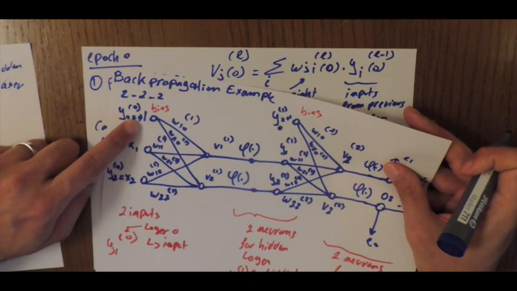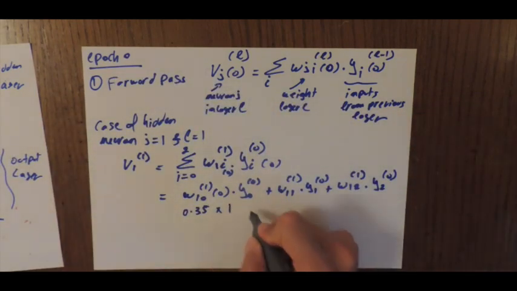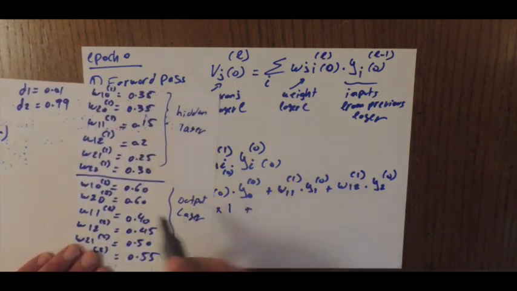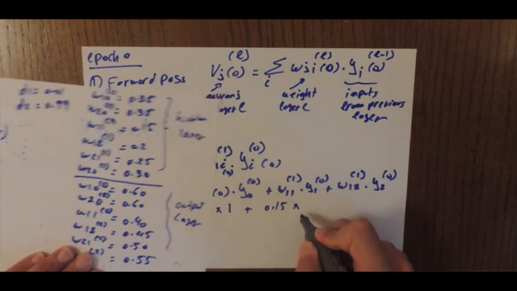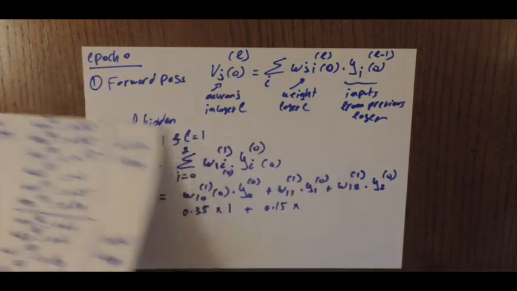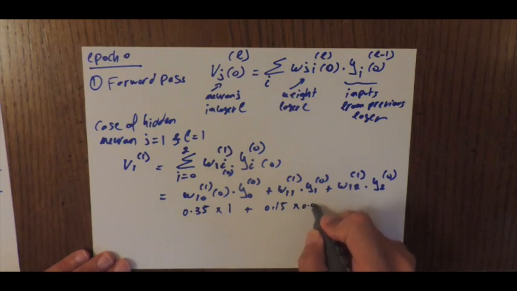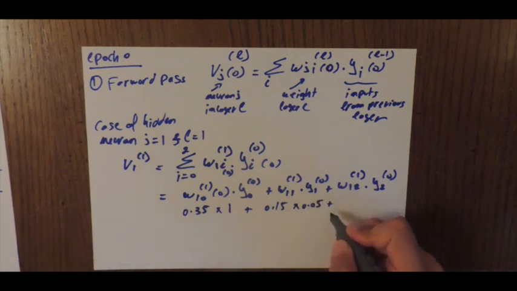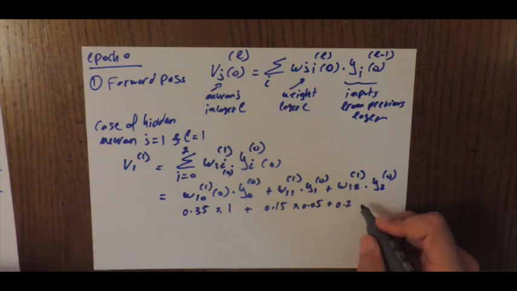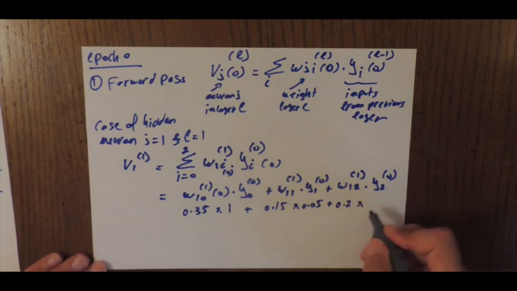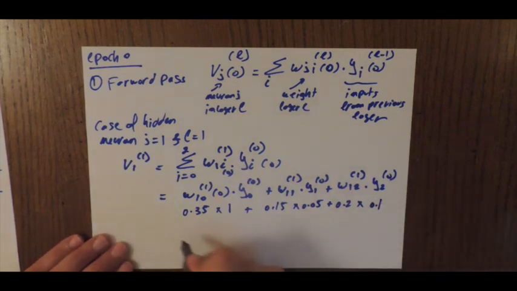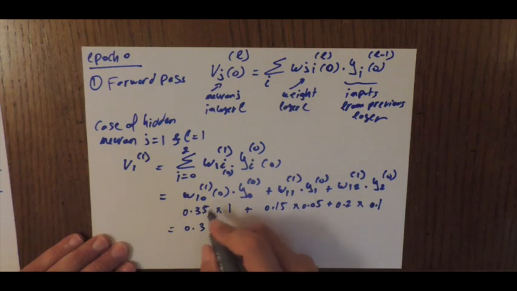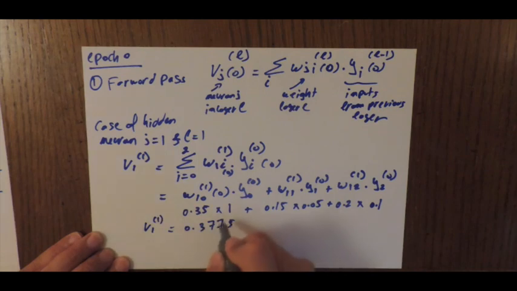We have it here, plus 1, times 1, plus W11 of 1, which is 0.15, times the first input, 0.05, plus W12, which is 0.2, times W2 of 0, which is 0.1 in this case. If we compute this, it will be equal to 0.3775. So this is V1 of 1.